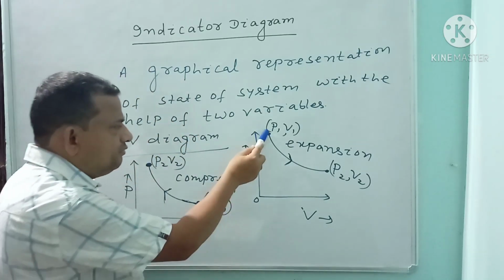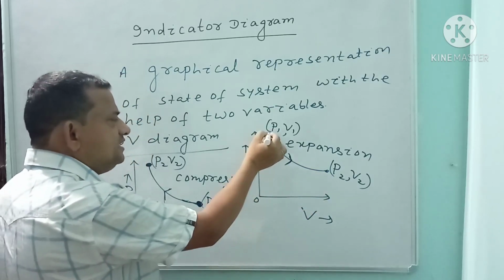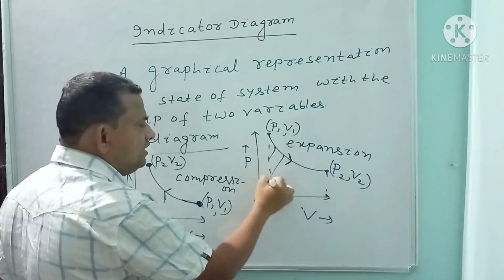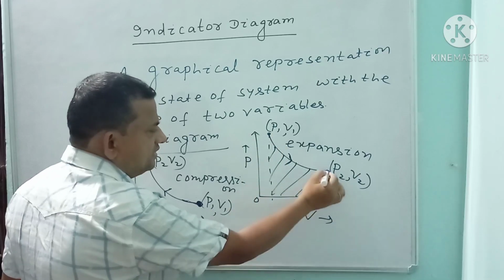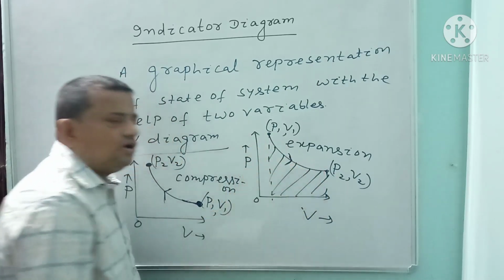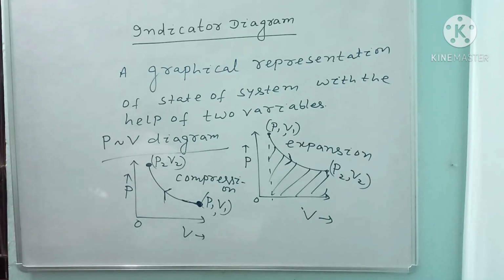This is the graph. So what is the area? That means if you draw, this part is the area. So this shaded part is the area bounded by this graph with volume axis.